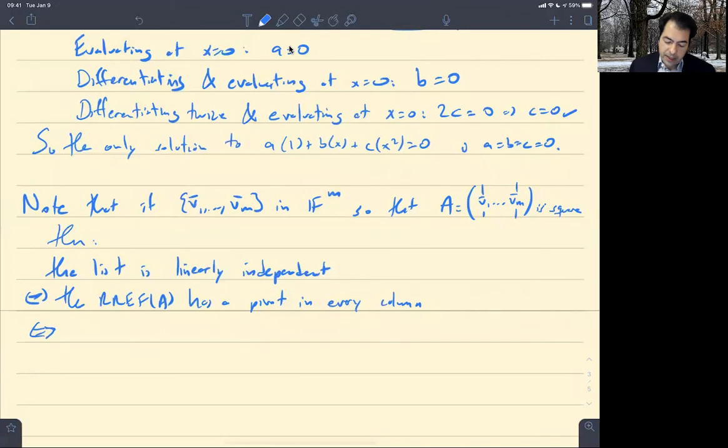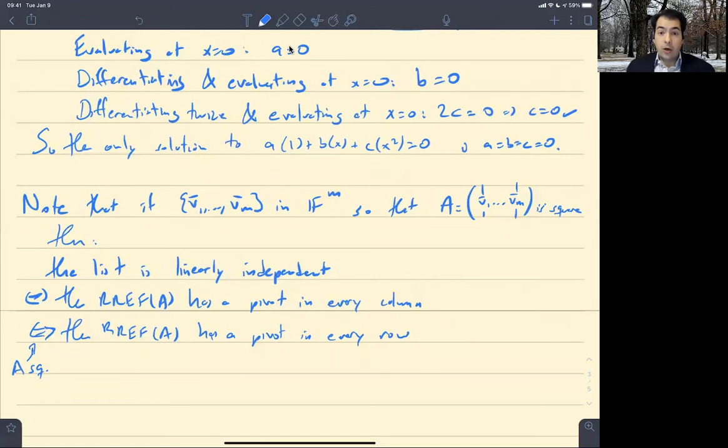Okay, but now A is square. So that's the same as saying that the reduced row echelon form of A has a pivot in every row. But what does it mean if you have a pivot in every row?